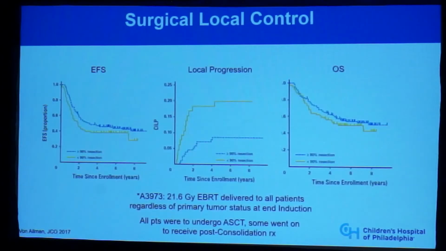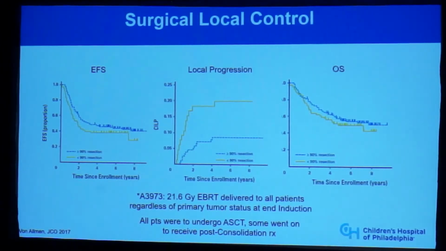This is in contrast to data that were published subsequently by investigators from the Children's Oncology Group. Again, they're looking at degree of resection greater than or less than 90%. The results here could be interpreted differently, but again, one must pay attention to the nuances. These investigators focused most on local progression.